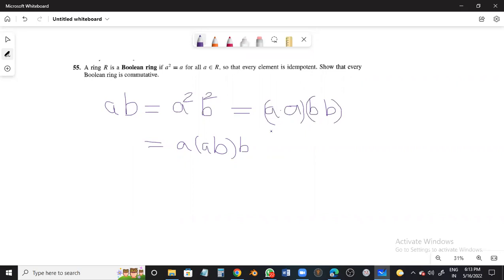We want to use idempotency for commutativity. So AB is nothing but A square into B square. That's the thing with us.